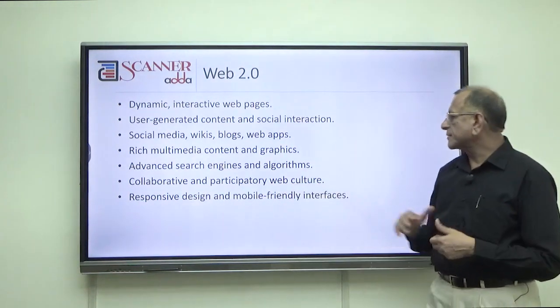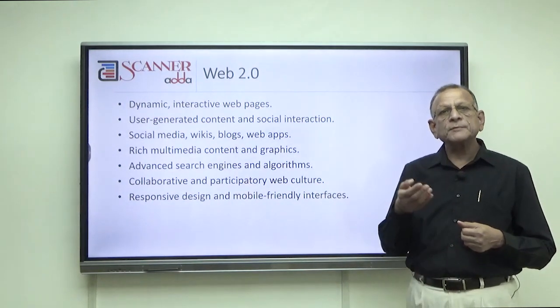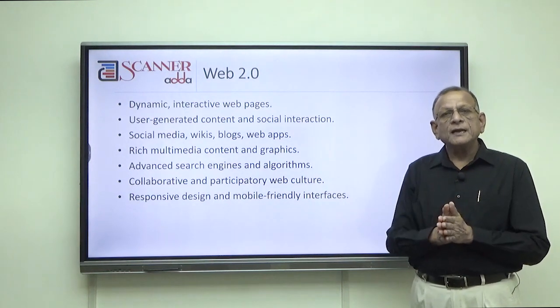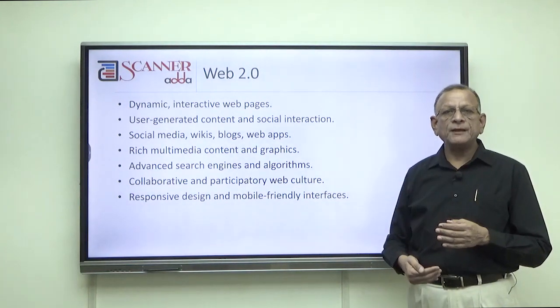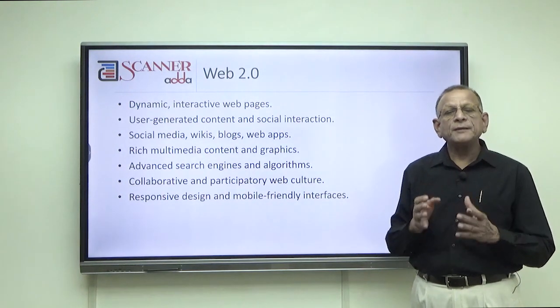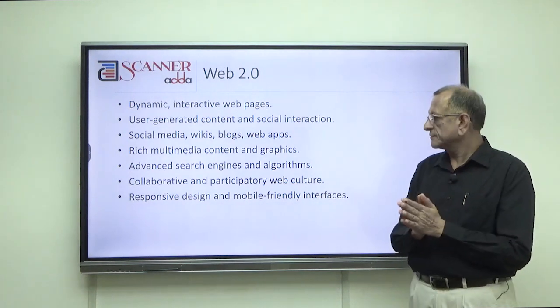Collaborative and participatory web culture. So now we started experiencing something like web culture. Web culture means I am taking something from web, I am giving also something to the web, and web is a place where we are interacting with each other.